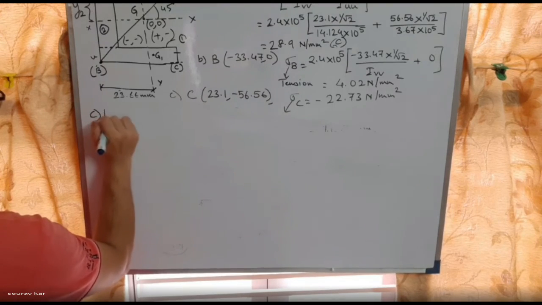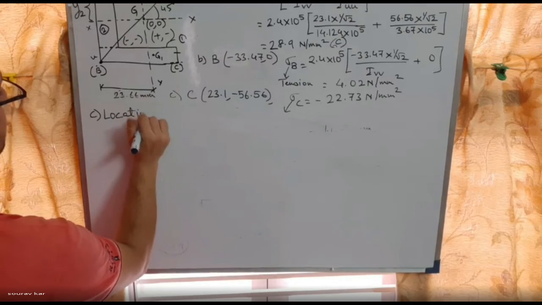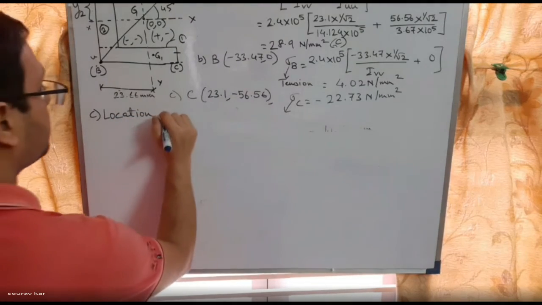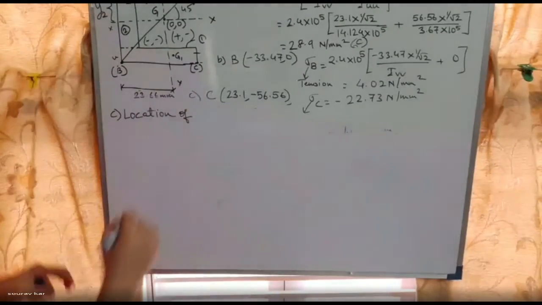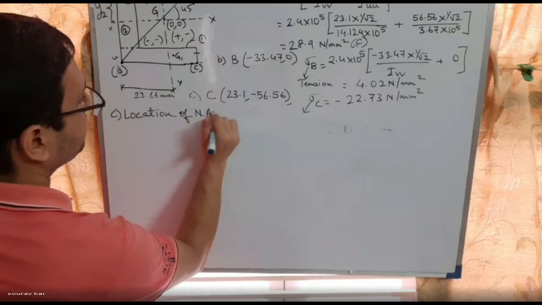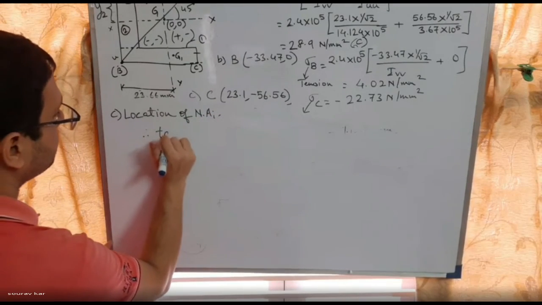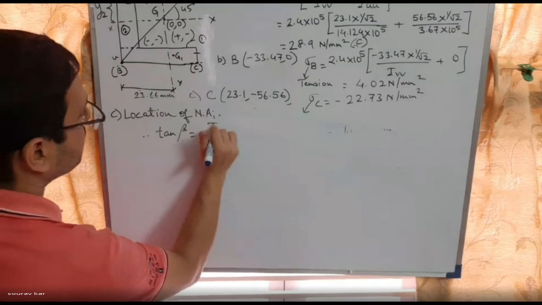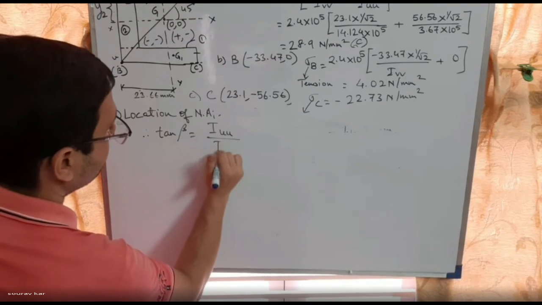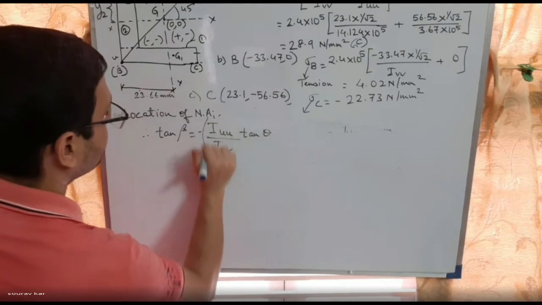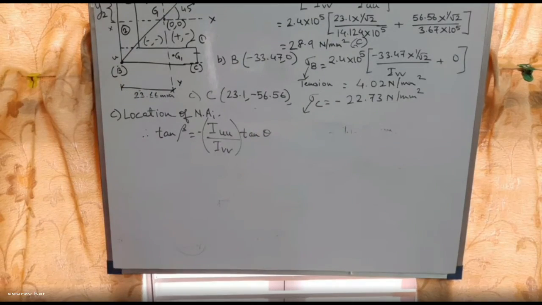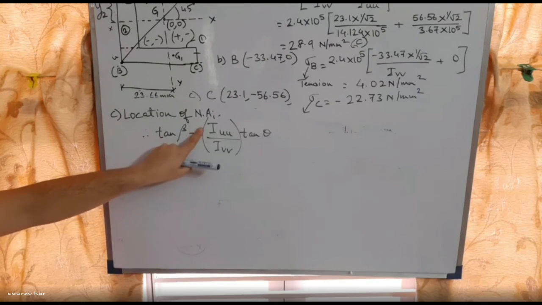Therefore, tan beta equals IUU by IVV into tan theta. Tan beta equals IUU by IVV tan theta.